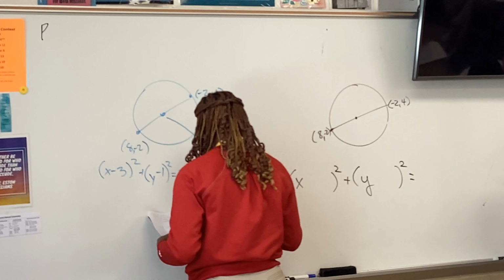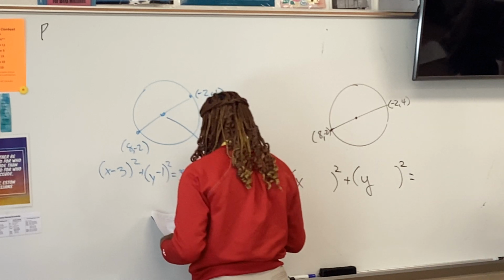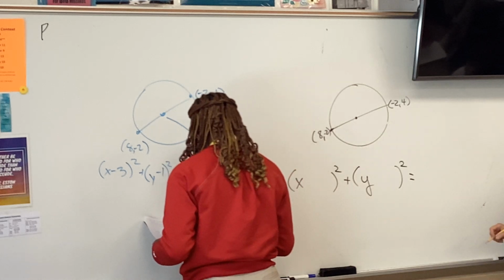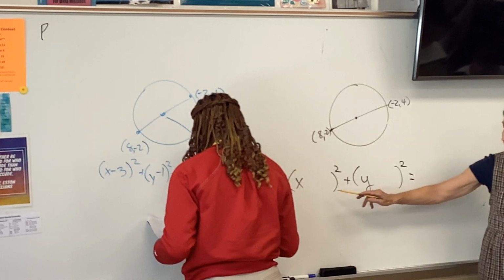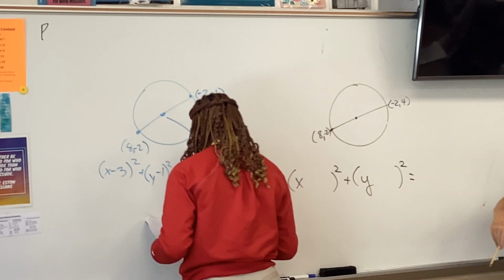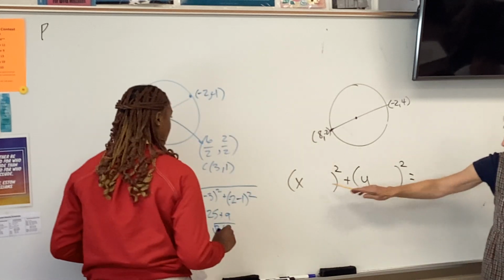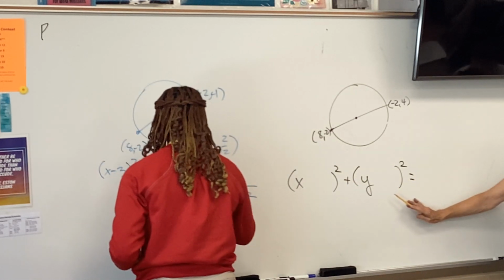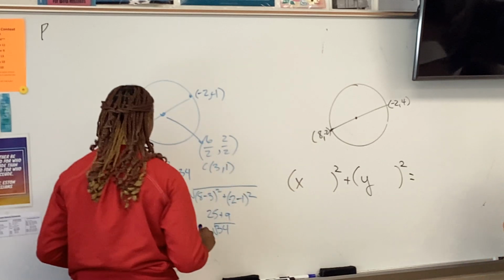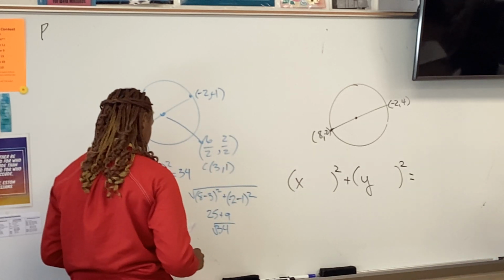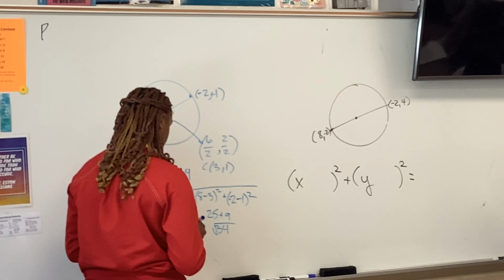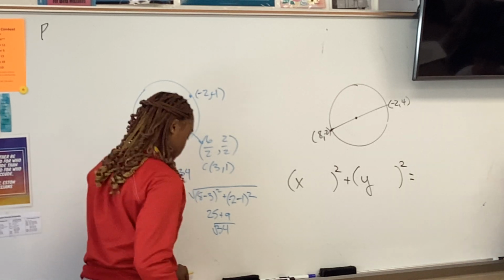She got 3, 1 as her center. So she is putting x minus 3, y minus 1. And she found the radius to be the square root of 34. So when she squared it, she got 34.